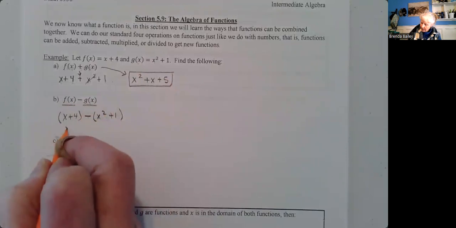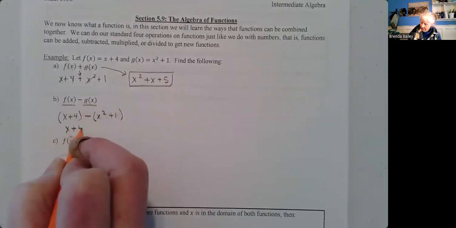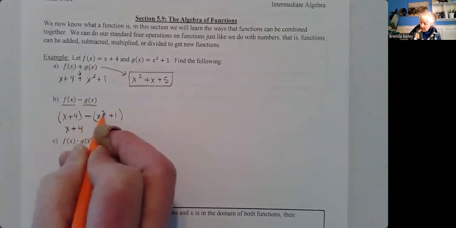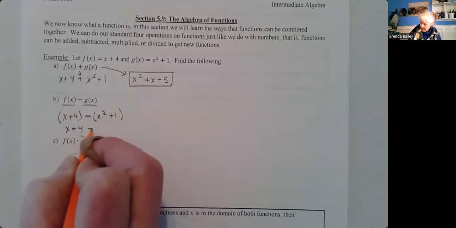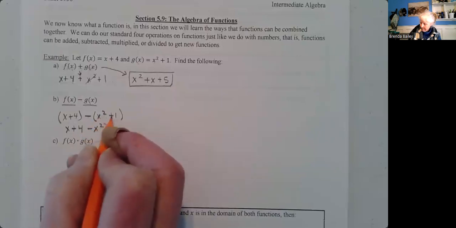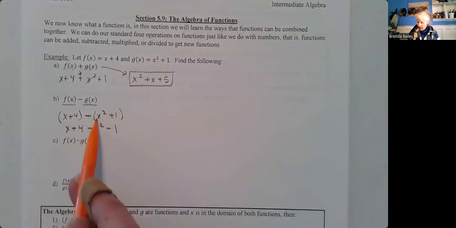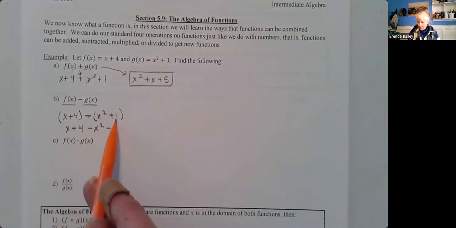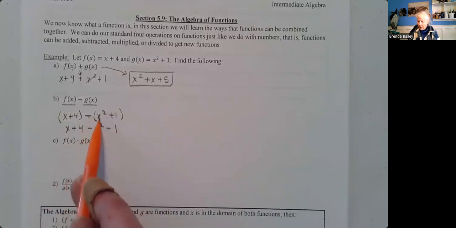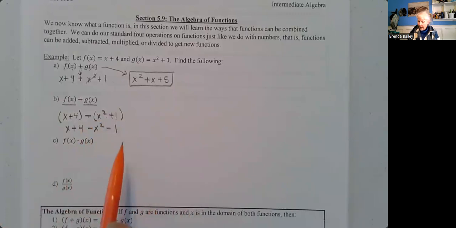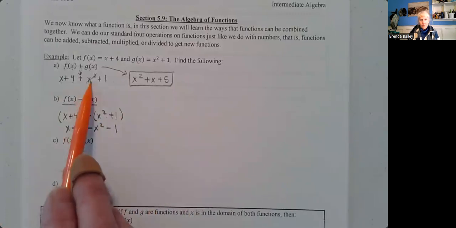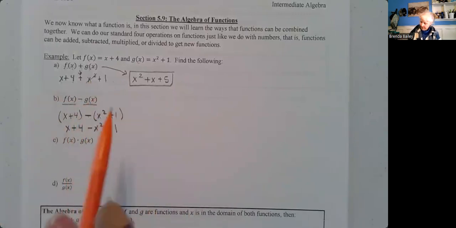So this is actually x plus 4. It's a positive x squared on the inside, so now it's a minus x squared minus 1. So you can think of it as this will change all of the signs. It's like multiplying by a -1, change all the signs on the inside. And now you're back to where we were earlier. You combine like terms.